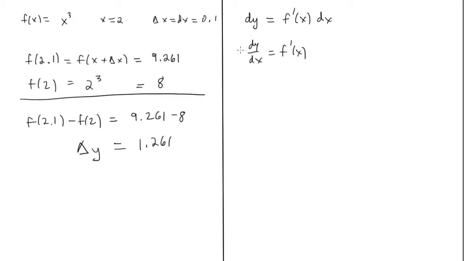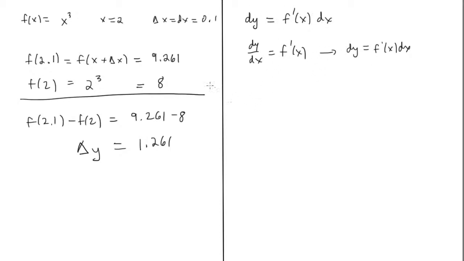The left-hand side here is Leibniz style notation and the right is Newton style. Well, if we pretended that dy dx is a fraction, we multiplied both sides by dx, then we get this. Okay, so dy is f prime of x dx.